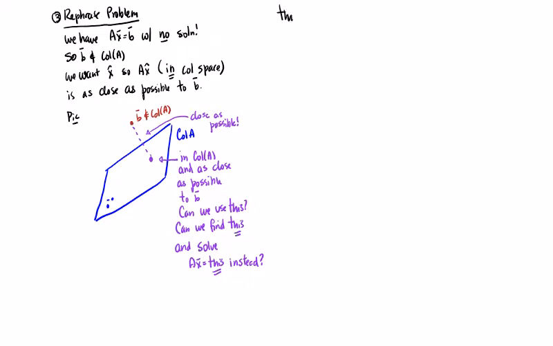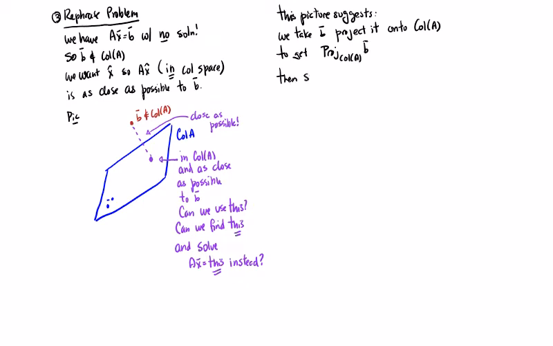It's not a proof, but this picture suggests the following. We take b, project it onto the column space of A to get, just notationally, the projection onto the column space of A of b. Then what we do is we solve Ax hat equals the projection onto the column space of A of b instead.